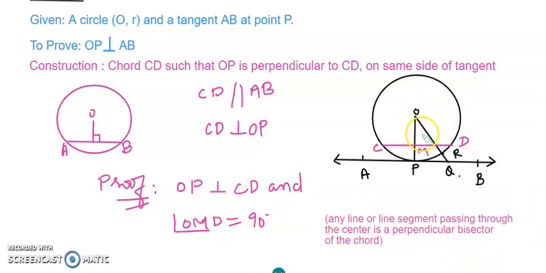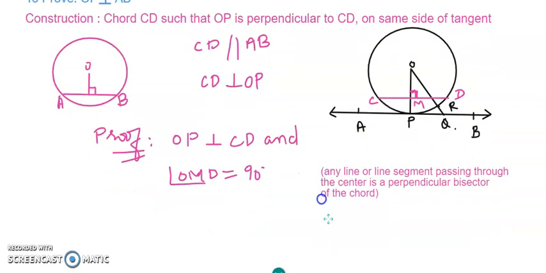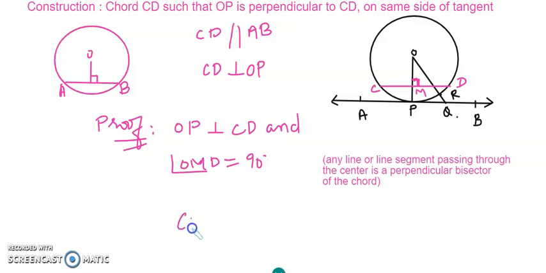So using this, we are saying that this angle is 90. Clear? Now we have already said that CD is parallel to AB and this angle is 90. So can we say here that CD is parallel to AB and MP is the transversal?